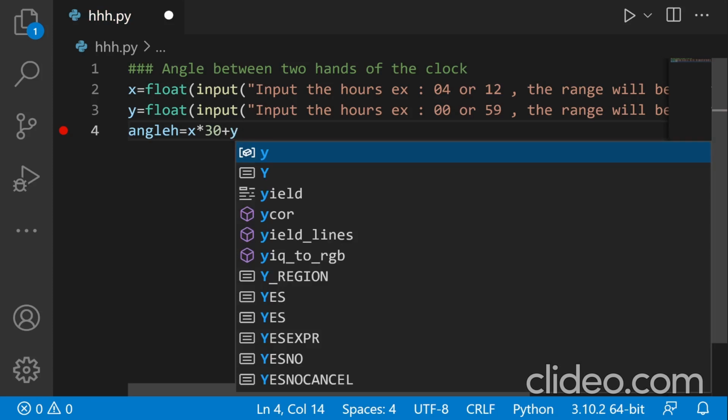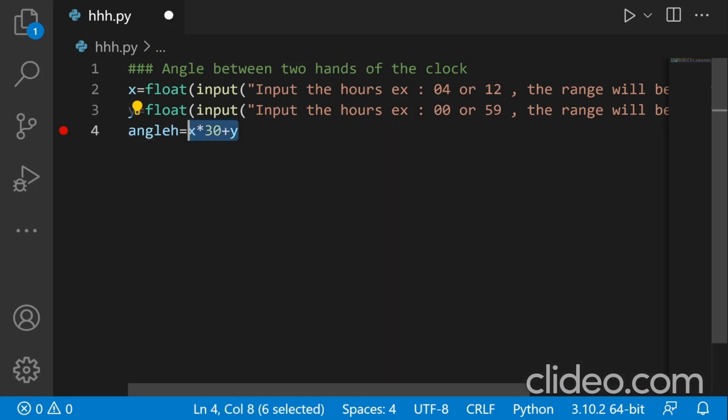If the time is 4:30, the value of x will be 4 and the value of y will be 30. So x into 30, it has moved from 12 to 4. So 4 into 30, plus the movement because of 30 minutes post 4 o'clock. For each minute, it will create a movement of 0.5 degrees in the hour hand.